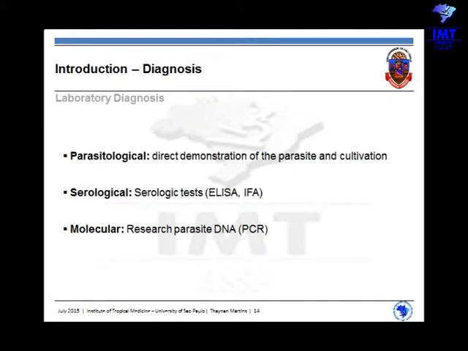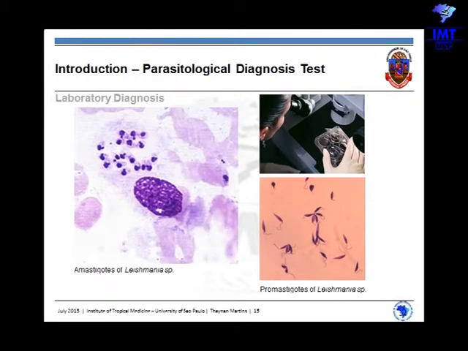The laboratory diagnosis is based on three classical types: parasitological, which directly demonstrates the parasite in culture or in a stained slide; serological tests, the most common ones being ELISA and IFA, that Dr. Paulo Cotrim mentioned before; and molecular diagnosis, the search for the parasite DNA, where the main test used is PCR, the polymerase chain reaction.